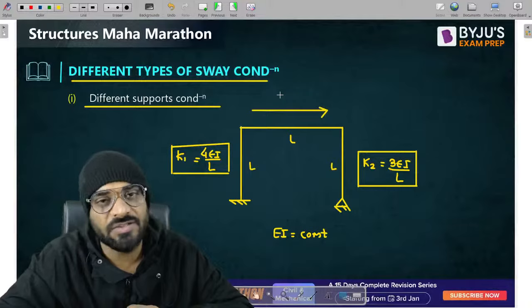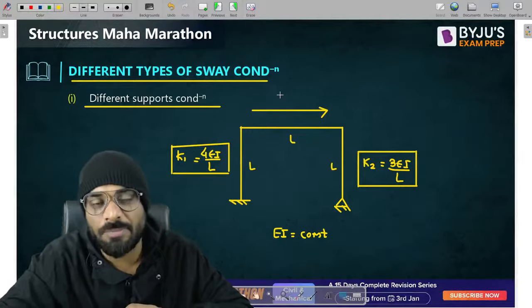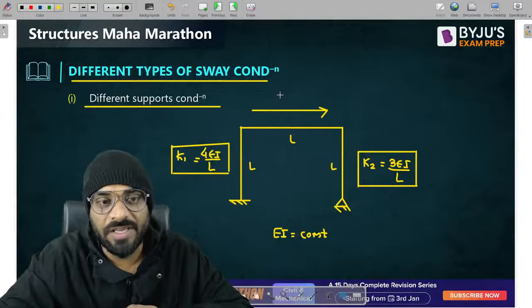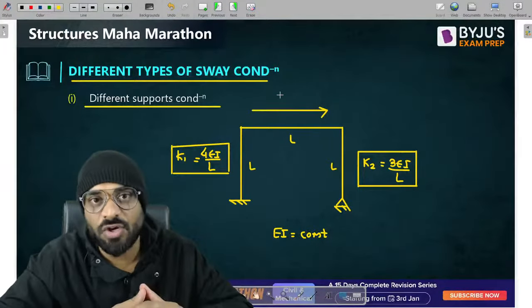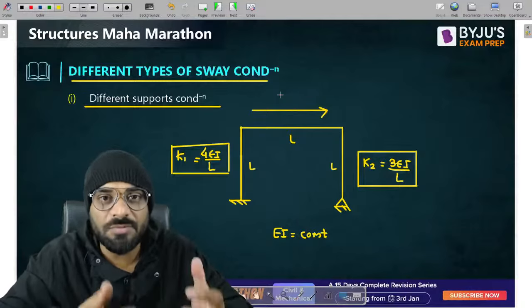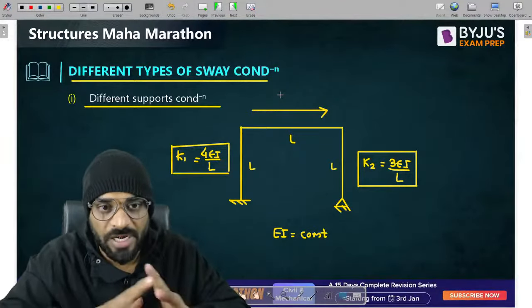Otherwise, guys, it is not possible. But in your GATE examination, you may have a 1 mark problem, and in that 1 mark problem, they can ask whether this particular structure will feel sway or not, or in this particular structure, what should be the direction of sway. So how we can predict it, that we are discussing over here, right? For 1 mark problem right now.